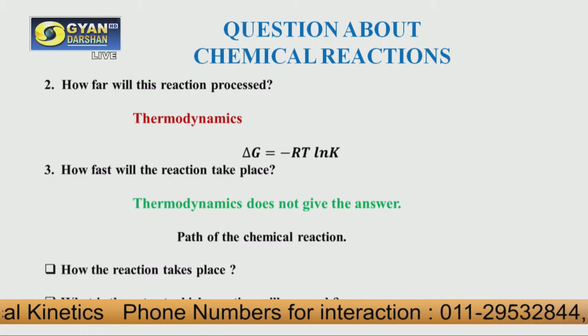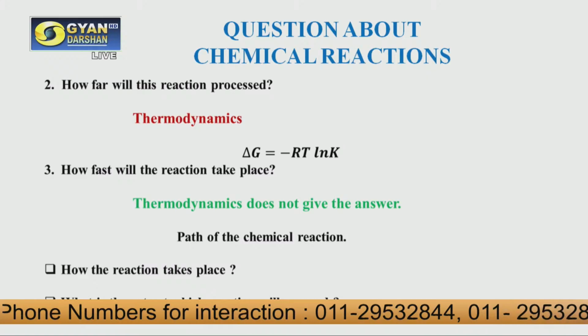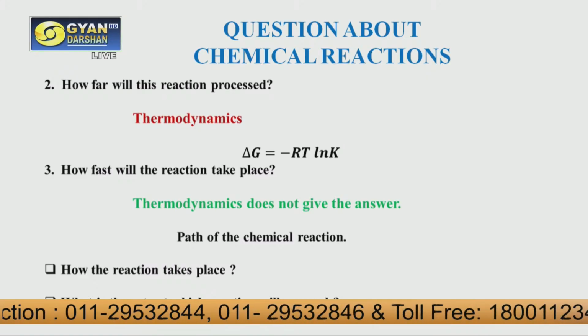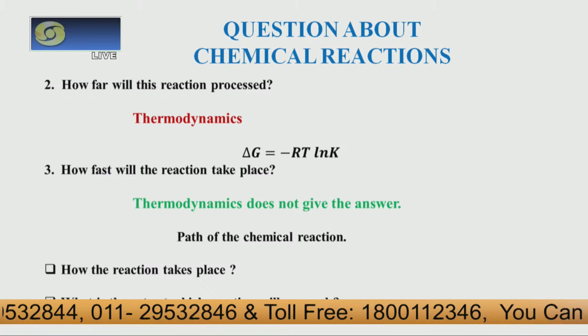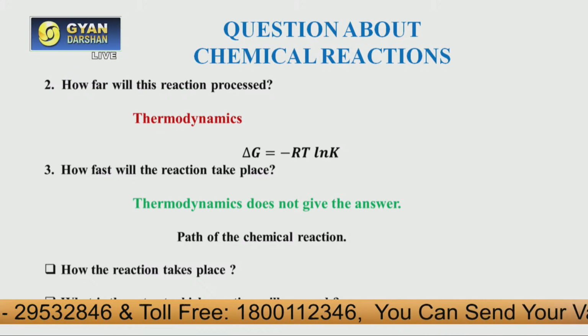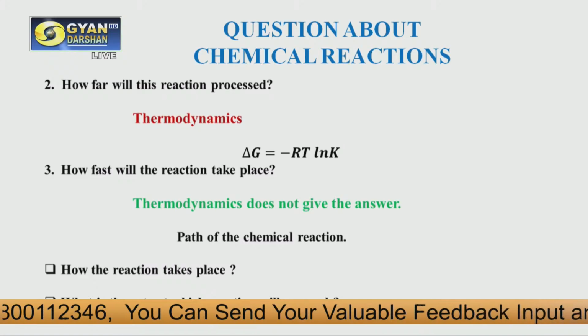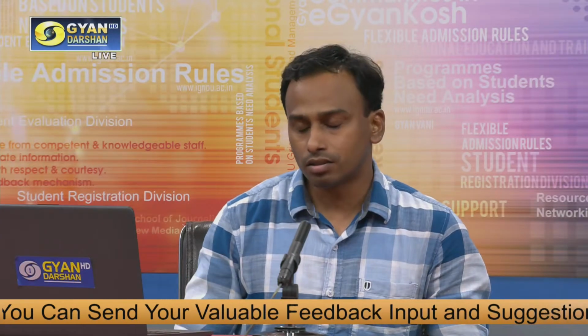Surely the rate will differ, and depending upon the path the reaction time will change, and kinetics tells how fast or slow the process is, depending on which path the reaction selects.